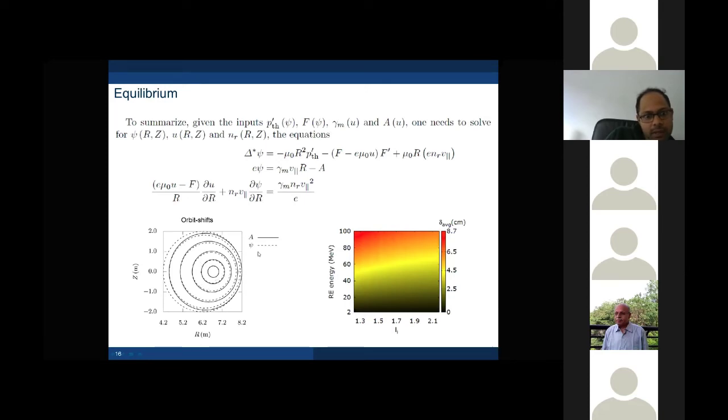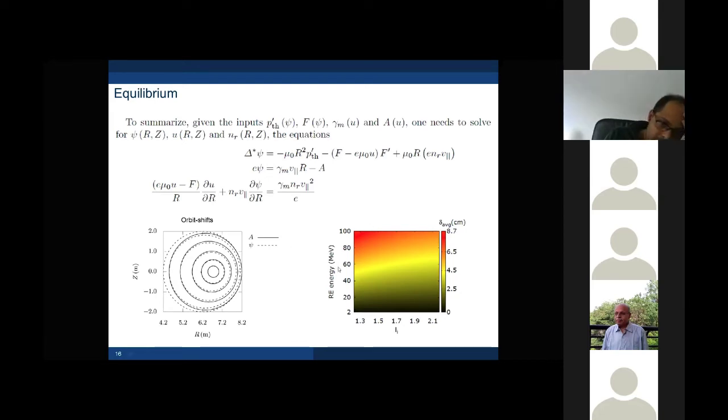So you can see that the A represents the orbits of these electrons, and psi represents the flux surfaces. I'm just looking at a cross section and plotting these surfaces, and pictorially it looks small, but actually there is a significant shift in these surfaces, and this shift can cause significant differences to the stability properties of the plasma.